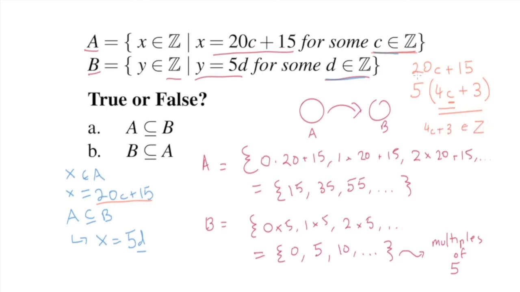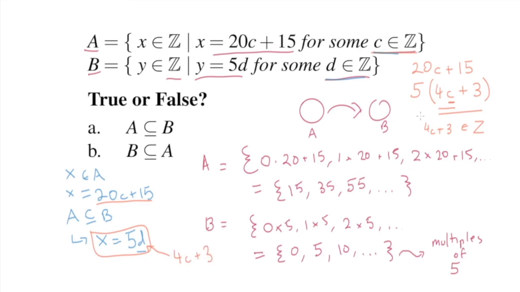So given that we can express 20c plus 15 as 5 times (4c plus 3), where 4c plus 3 is an integer, that means that we can express x as 5 times d, where d is an integer. We can plug in as the value of d 4c plus 3.